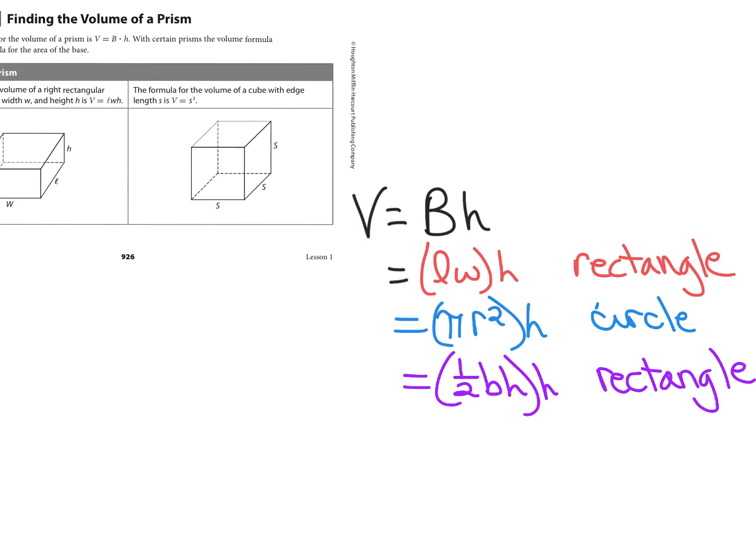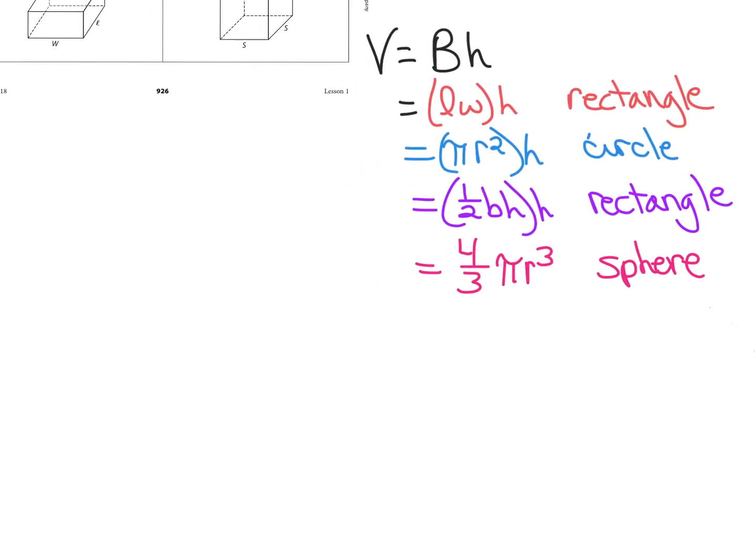And then the volume of a sphere is 4/3 pi r cubed. Okay, so let's look at some problems. For these formulas, if it's got a point on it, you're just adding that 1/3 in front of it, and then whatever the base would be.